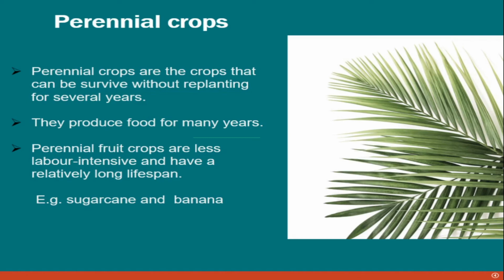No need to give care daily; weekly or monthly we can monitor them. Examples: sugarcane and banana. Once we harvest, they start to regrow again and we can get yield again.